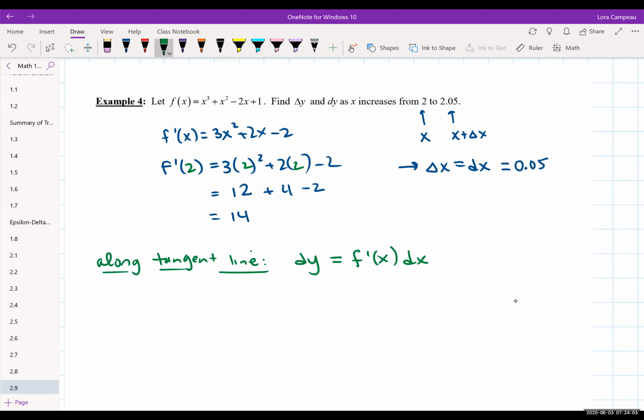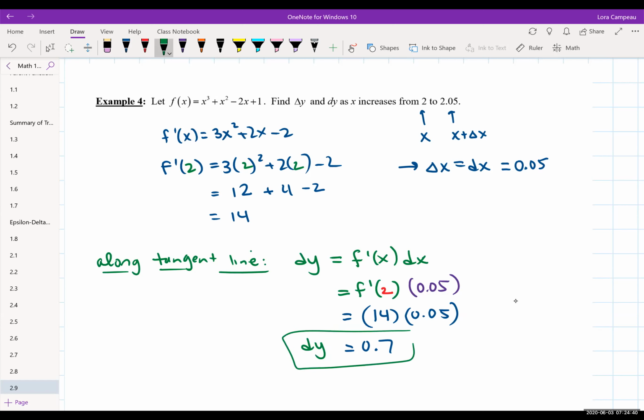In our case, f prime of 2 is 14, and our dx is 0.05. So 14 times 0.05, a little bit of math, we get 0.7. So we just calculated the dy part, which is happening along the tangent line. Cool, at least we got that part.